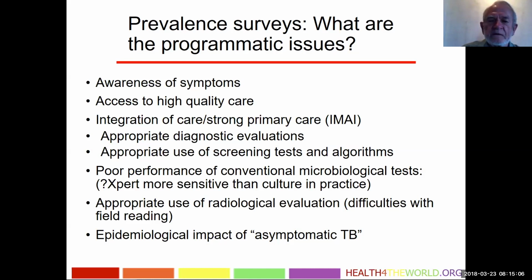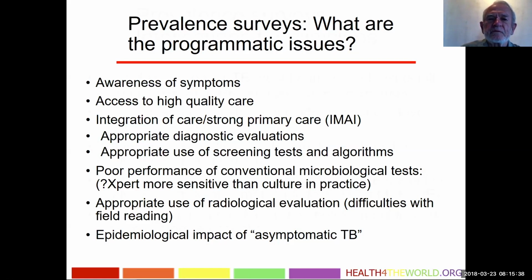And finally, we really don't know what the epidemiological impact of asymptomatic tuberculosis is. Do those people who don't have cough yet have a positive microbiologic test transmit the organism? Are they important in the perpetuation of the epidemic of tuberculosis? This deserves quite a bit of consideration and investigation.